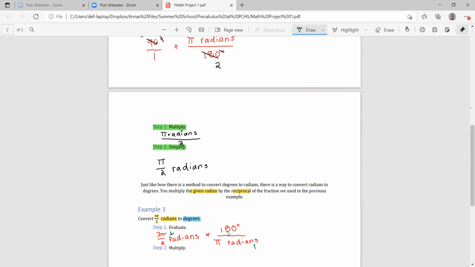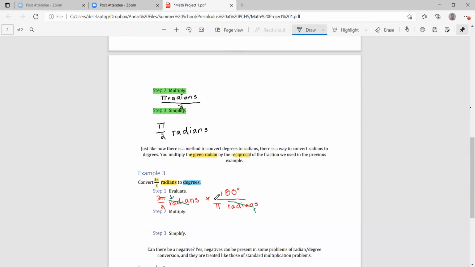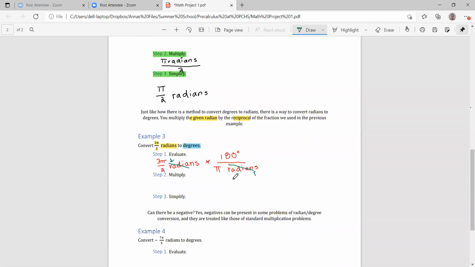Our target unit, the degrees, is what's staying. That's why the degrees in this fraction was in the denominator, and we cross-canceled it out to get radians. Now we're trying to get the degrees, so that's why we're using the reciprocal.